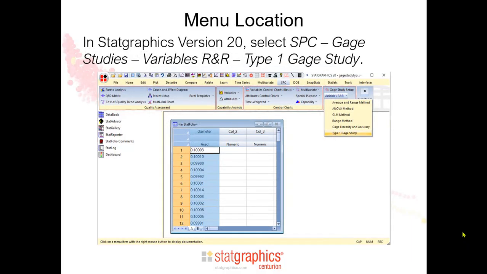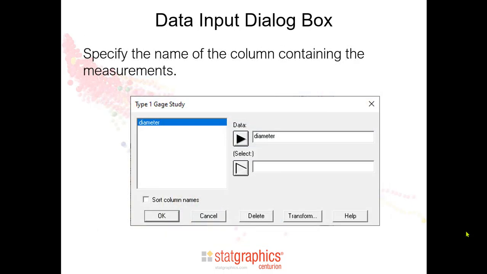In Statgraphics version 20, you'll find the Type 1 gauge study on the main menu under SPC, Gauge Studies, Variables R&R. The first dialog box displayed will request the name of the column containing the measurements.